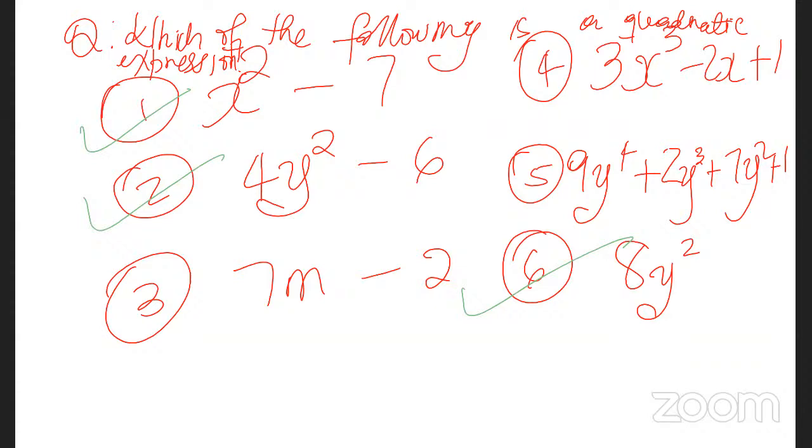All right. Tell me why 3 is not a quadratic. Maybe because it's not like x squared. What is missing from it? A square term.